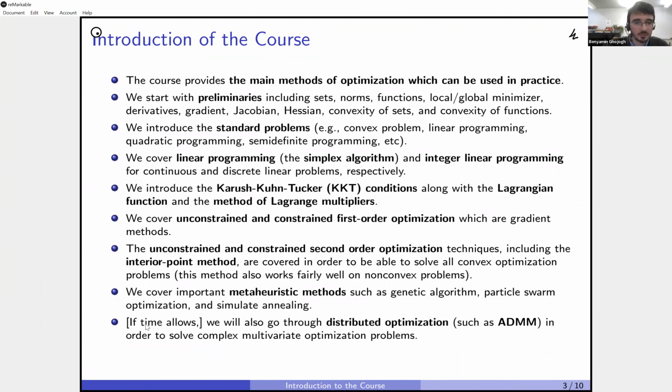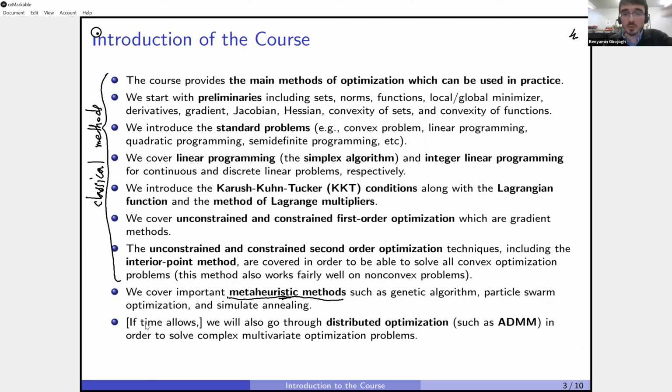So up to here, these are classical methods for optimization. And these are mostly based on some math behind them. There is also meta-heuristic optimization where we say, what if the cost function is too complicated?